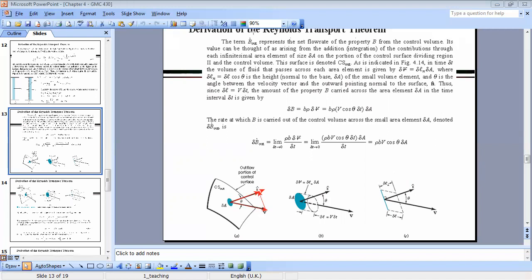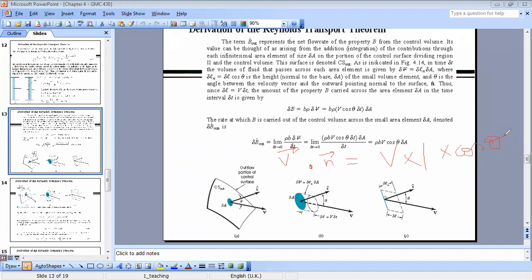And we know that what can give us the projection is the dot product, because v dot n will give me the magnitude of v times the magnitude of n, which is 1, times cosine of the angle theta between the velocity and the normal.